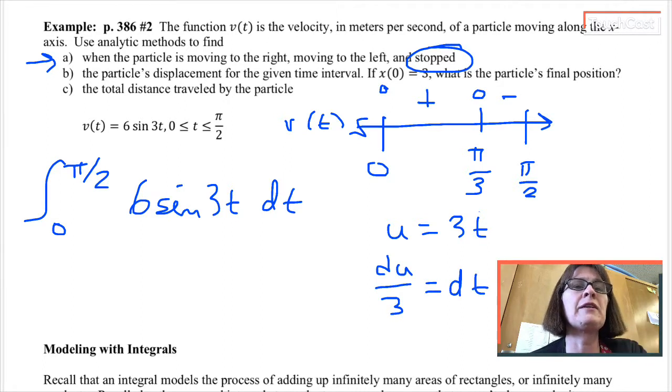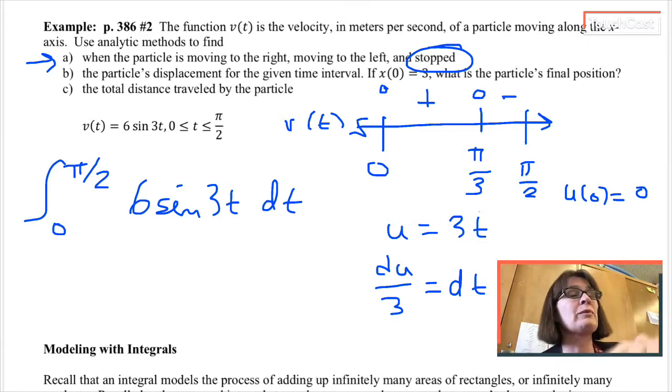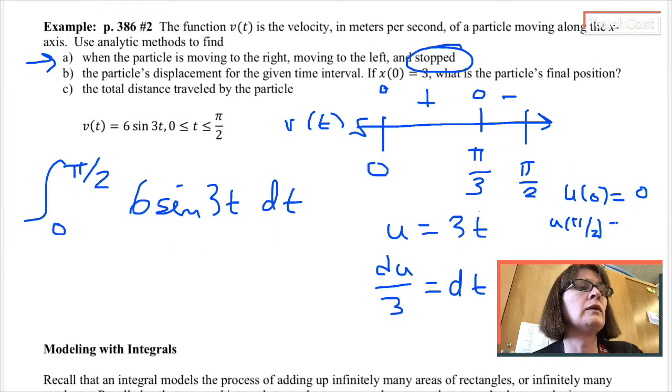Let's see. I'll fix up my limits. So my new lower limit is still going to be 0. u of 0 equals 3 times 0, which is 0. And u of pi over 2 is 3 times pi over 2, so u of pi over 2 is 3 pi over 2.